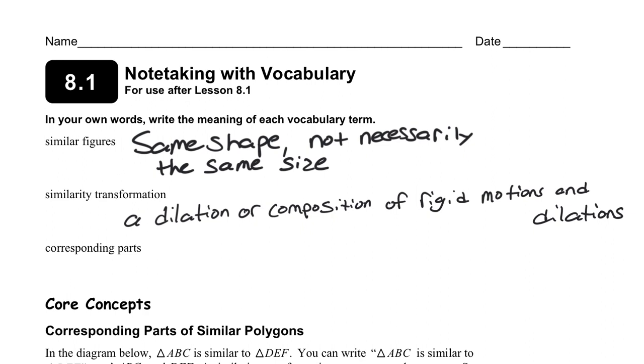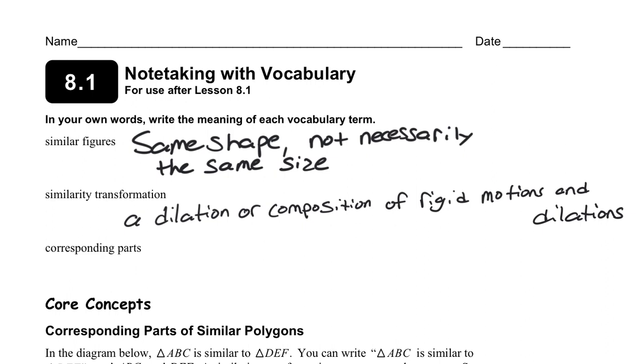And then corresponding parts are pairs of sides or angles with the same relative position. So we've done that one before, so I'm not going to write that. That was back from earlier this year. So again, sides or angles with the same relative position.